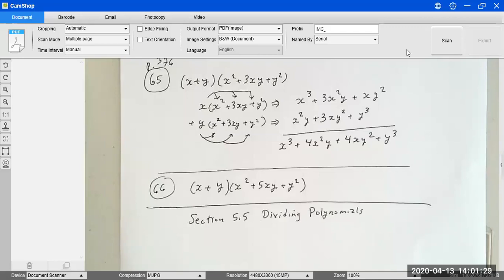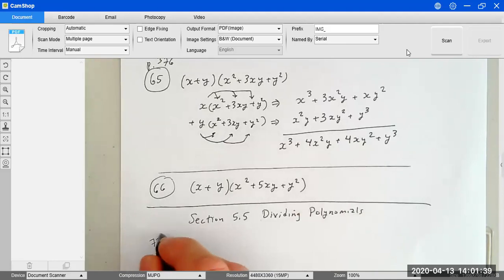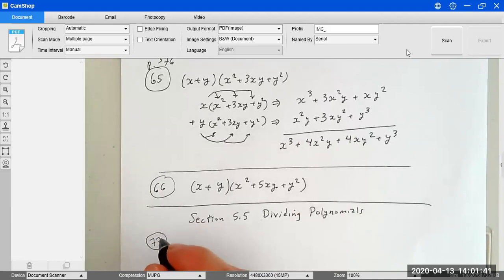So now we're going to work problems from section 5.5 about dividing polynomials. So I'm going to solve problem 77, which is on page 386.